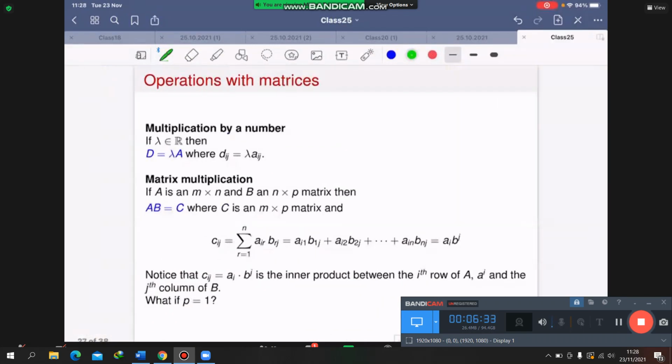And what's the way you make the product of the two matrices? It's called product row by column.